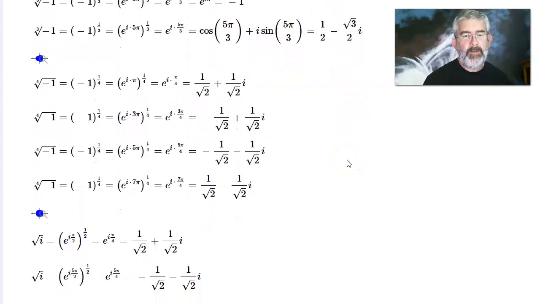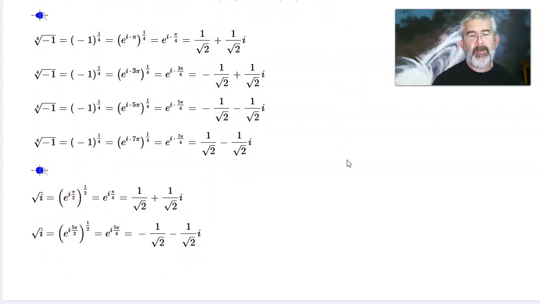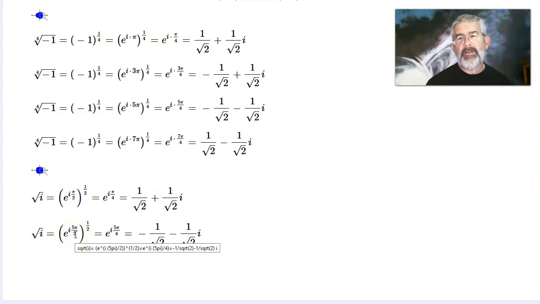And lastly, I want to take a look at how you can even take square roots of complex numbers. So for instance, what's the square root of i? Well, i is e to the i pi over 2, or e to the i 5 pi over 2, or e to the i 9 pi over 2. There's lots of ways you could do this, but raising it to the half power to take the square root cuts the angle in half.